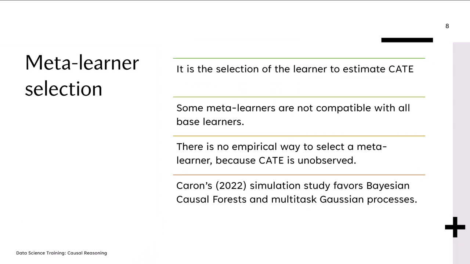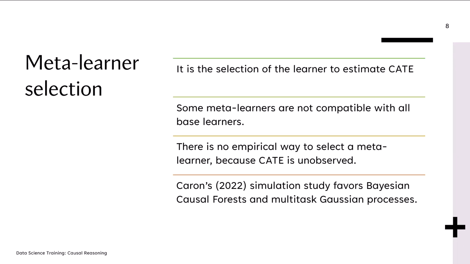To select a meta-learner, you would look at how it can be paired with a base learner. Not all meta-learners can be paired with all base learners. However, there is no empirical way of evaluating the performance. You cannot, for example, obtain root mean squared error for the conditional average treatment effect, because it is unobserved.